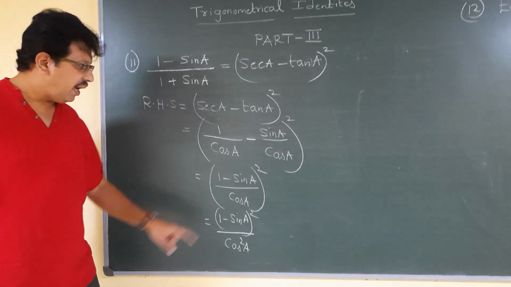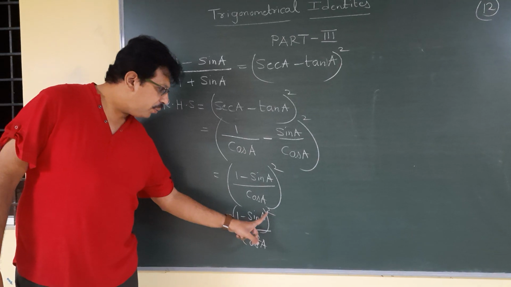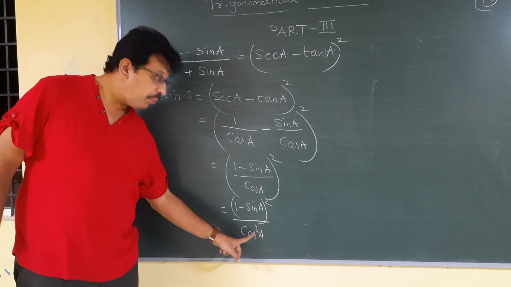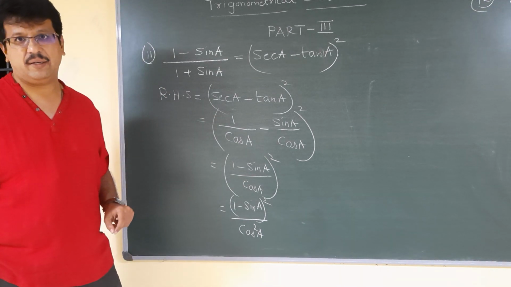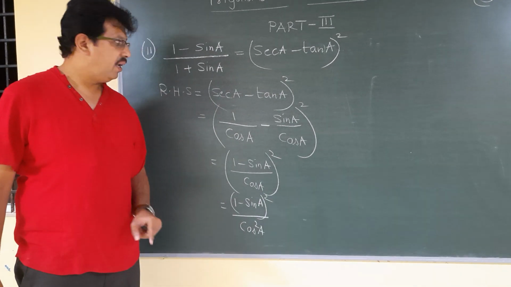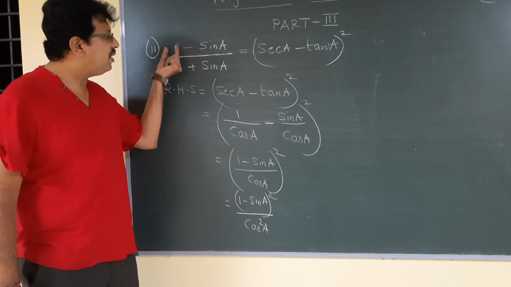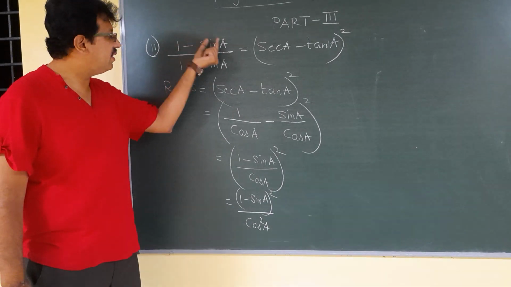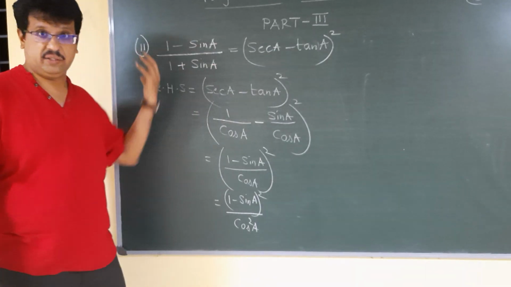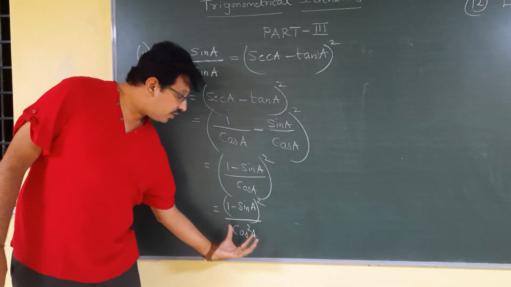What I did here, I have taken a square for numerator as well as denominator. This is a very important step, children, so you need to understand here. (1 minus sin a) whole square by cos square a. And you know that we are almost coming near to that left hand side, 1 minus sin a by 1 plus. Not exactly, I am just trying to tell you how we are going to the left hand side. Now again, cos square a.